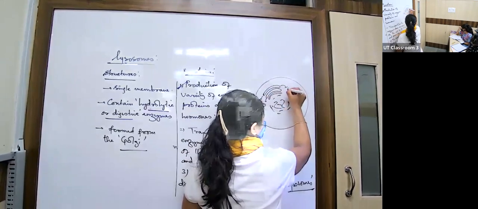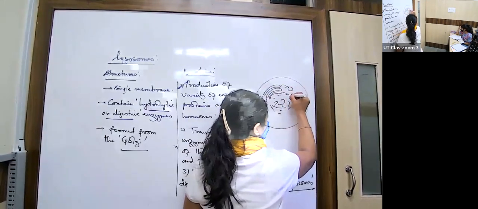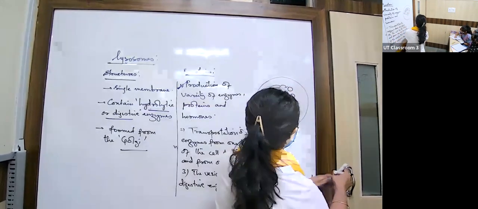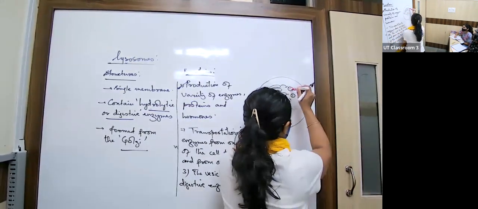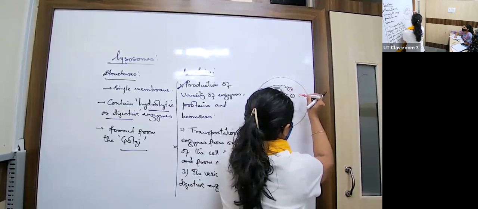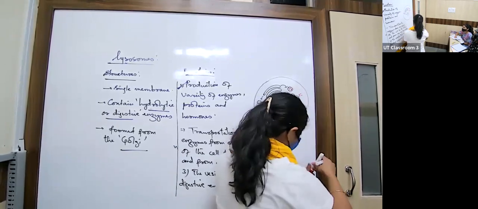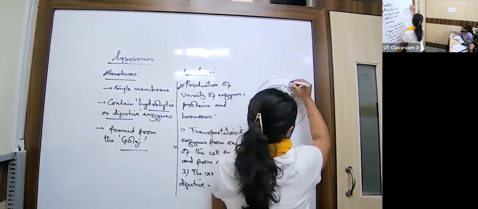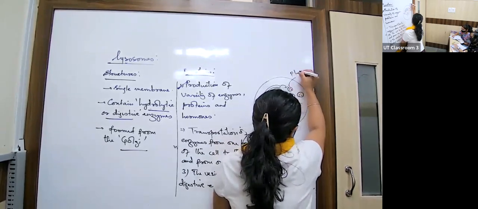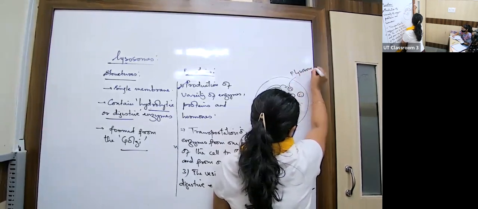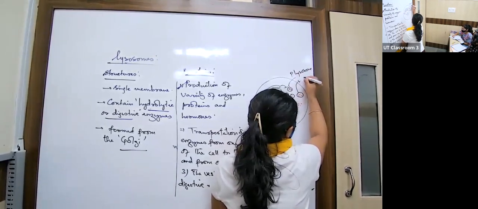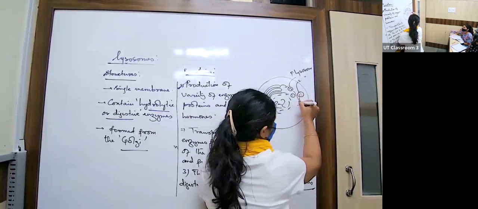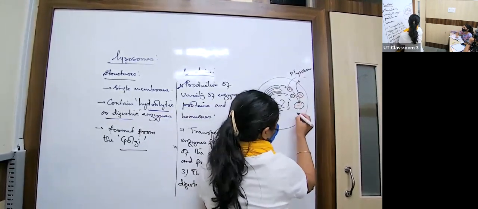And this type of packets are special. Where one such packet, which is known as the primary lysosome, when it fuses with the secondary lysosome, may result in the formation of a bigger lysosome.